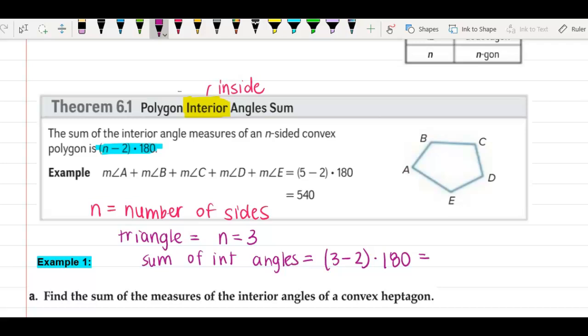If you don't already have your calculator out, this is one you can do in your head, but you're definitely going to need a calculator for the rest of the video. 3 minus 2 is 1, and 1 times 180 is 180. This is something we already know: all 3 angles of a triangle always add up to 180, so it makes sense. If it tells you a hexagon, you need to know that's 6 sides, or if it gives you the figure, count the sides and plug it into the equation: the number of sides minus 2, times 180.